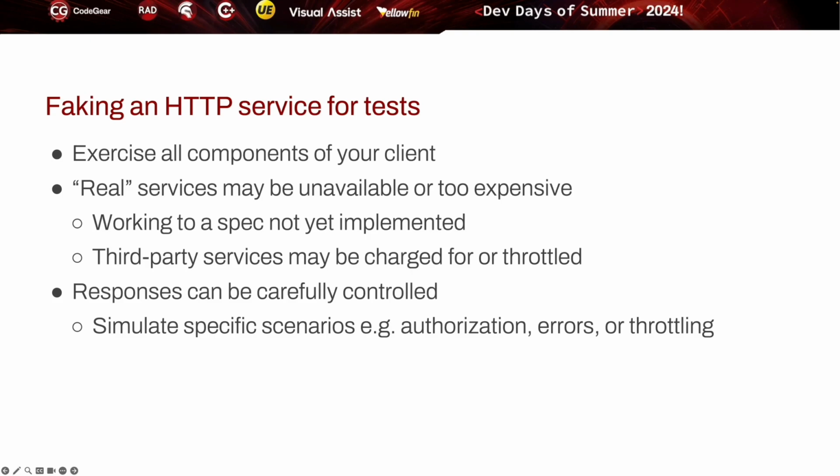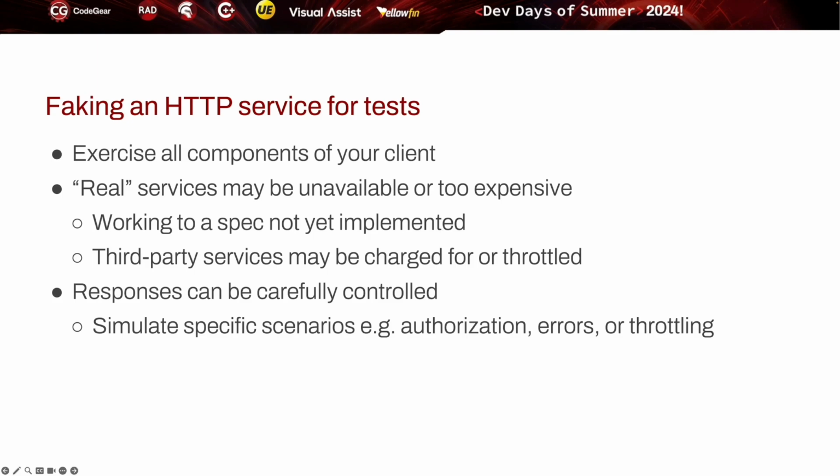The other thing is responses can be carefully controlled. So if I'm testing against a service and I want to test specific scenarios, like what if this request receives some authorization error, to say you're not authorized, or maybe there's an error, like how does my client handle a 500 internal server error, or throttling?